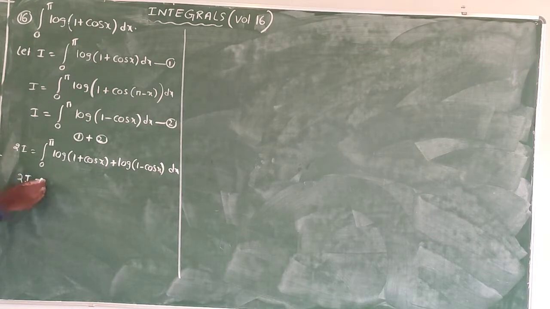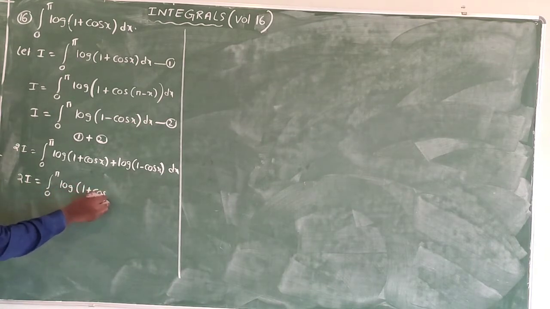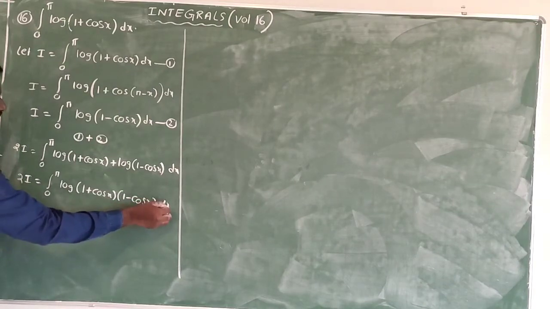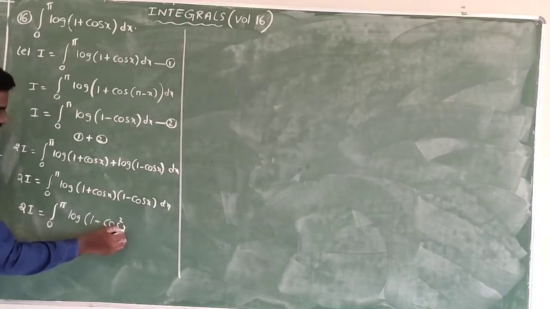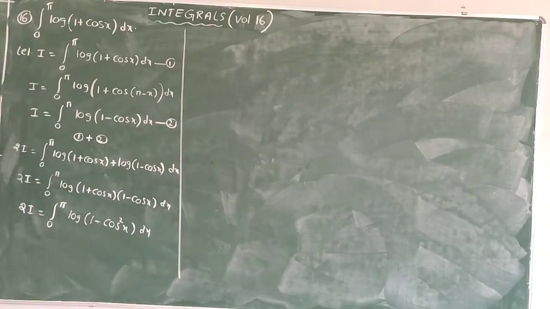Then 2I equals the integral from 0 to pi of log of a into b. Now it is in the form of (a plus b) into (a minus b), a square minus b square. Then 2I equals the integral from 0 to pi of log(1 minus cos square x) dx. 1 minus cos square is nothing but sin square.